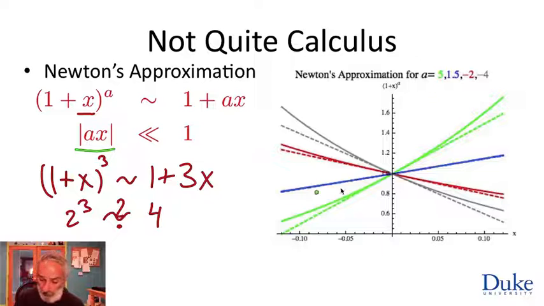And for the smaller values of absolute a, either 1.5 or negative 0.2, we find better agreement.